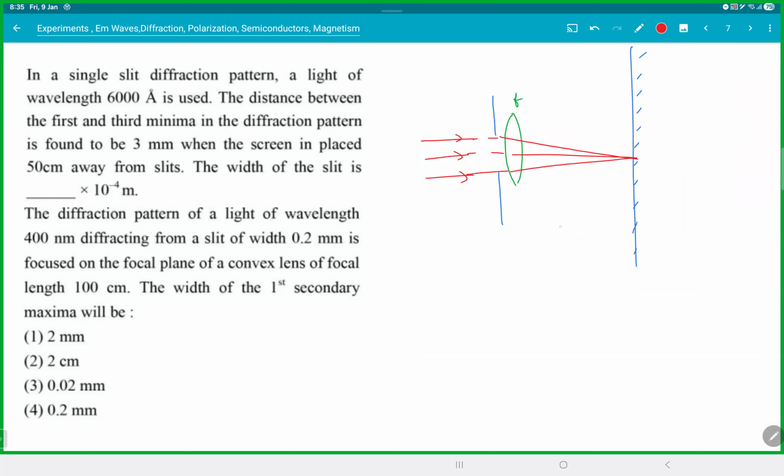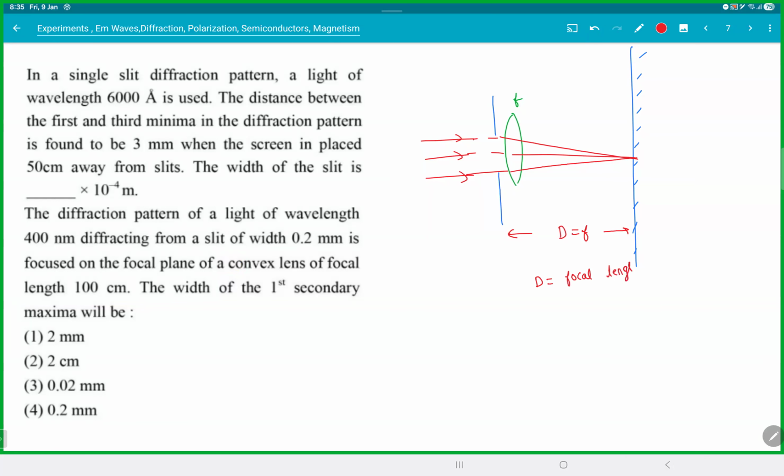So this would be the capital D, which is also equal to the focal length. Remember that. Sometimes they won't give you the distance of the screen. They will give you the focal length of the lens in the question. So the focal length of the lens is the capital D.